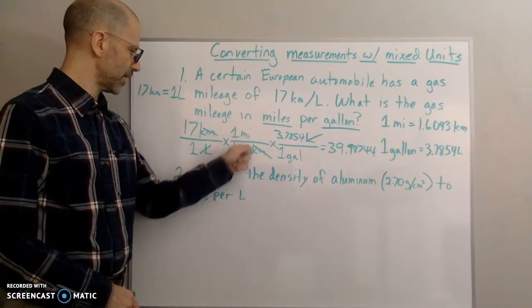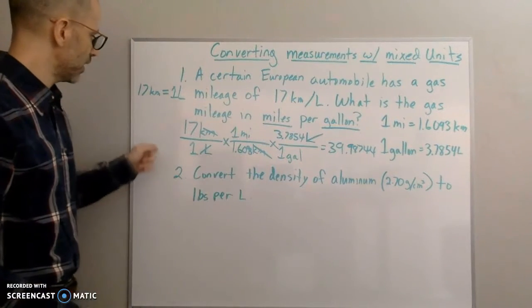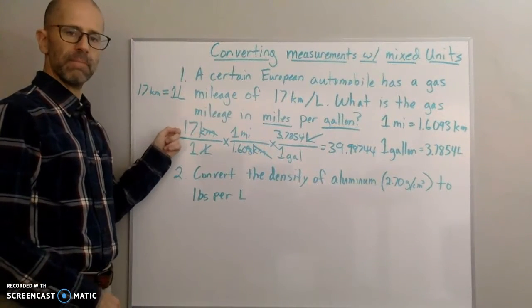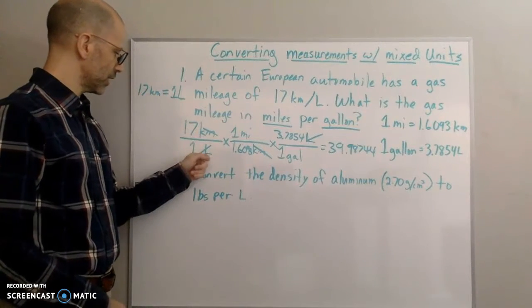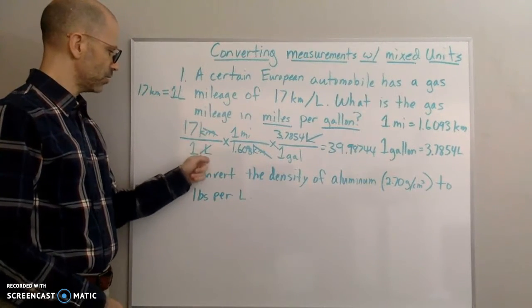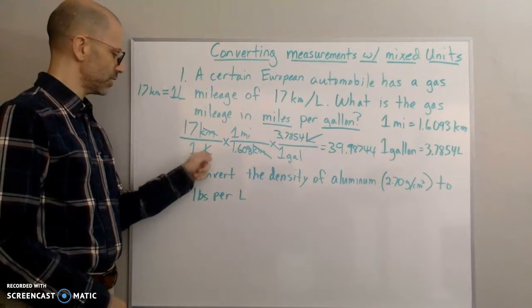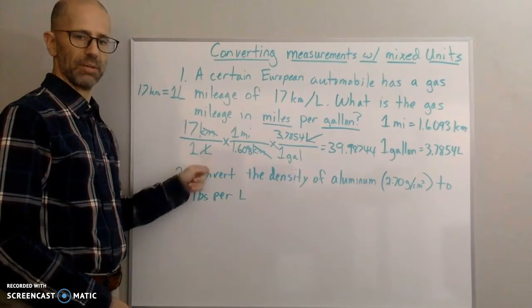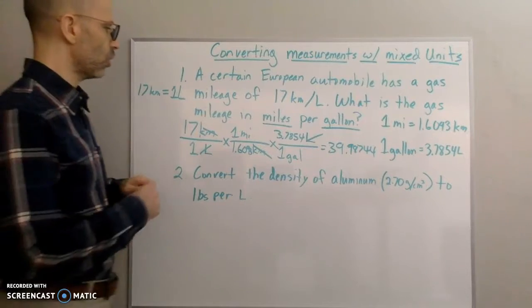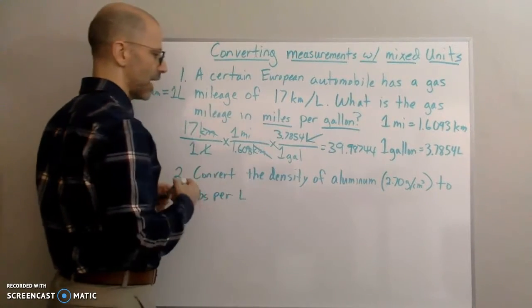Again, metric to English, not exact. And so this is what we were given. And so that's a measure, 17 kilometers per liter. So these, notice they're different units. This is a volume unit. This is a distance unit, length unit. So that's not going to be exact. That's going to be a measure. So all of these are not exact.